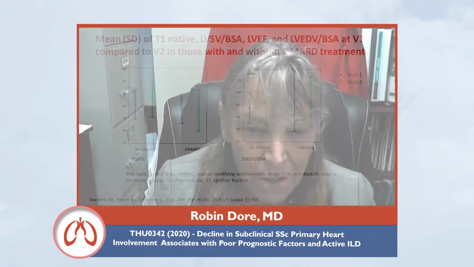So what we're seeing in these patients who had those subclinical changes on MRI is that all of them had diffuse cutaneous systemic sclerosis with interstitial lung disease, and 2 of them actually had a positive SCL70 antibody, which is characteristic for systemic sclerosis.